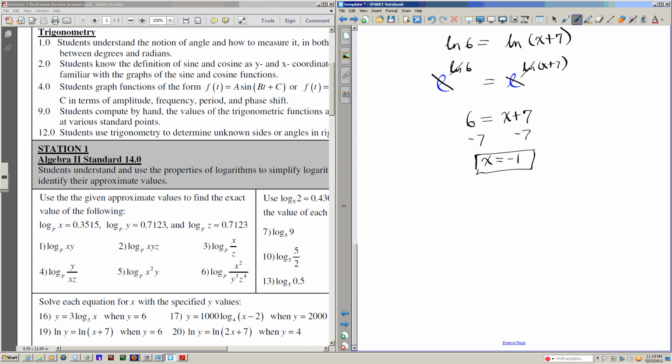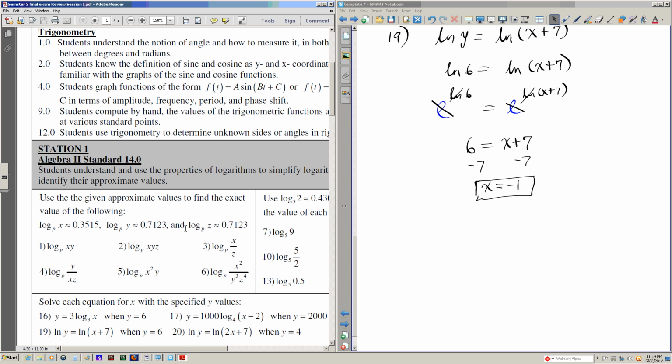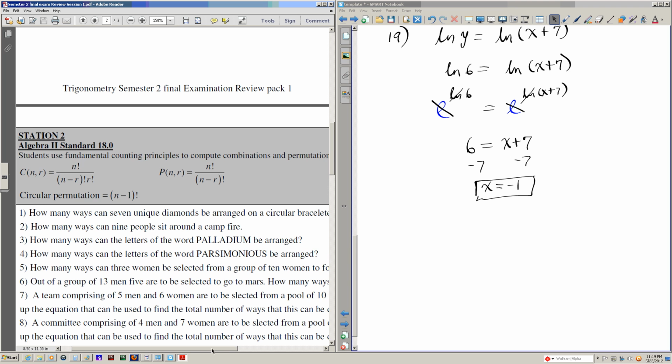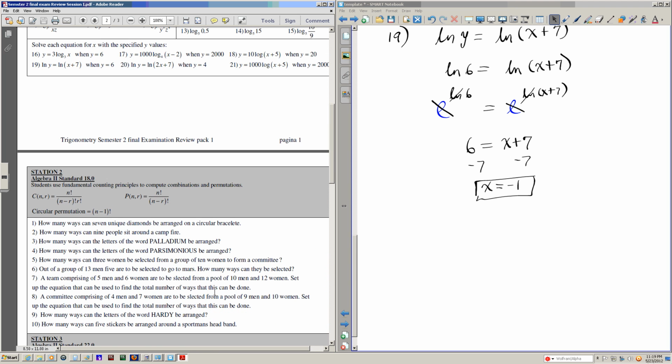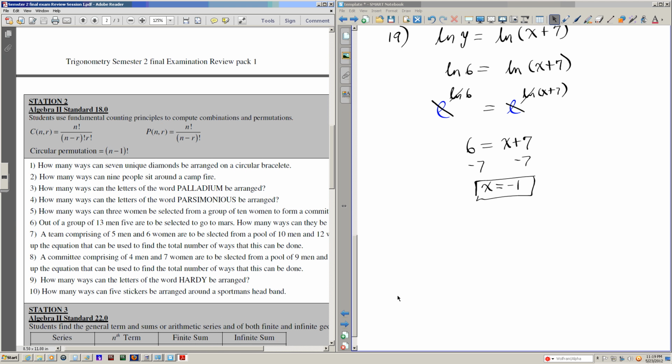All right. Let's move on to question number 1 on station 2. So on station 2, question 1, it says, how many ways can 7 unique diamonds be arranged in a circular bracelet?